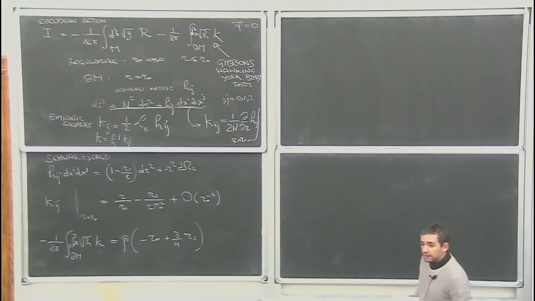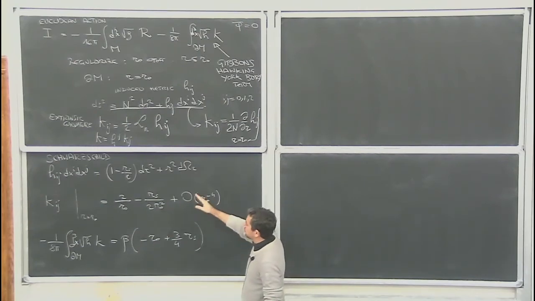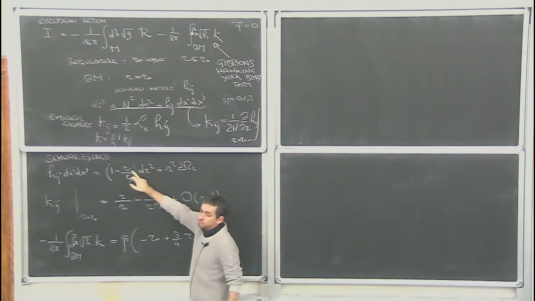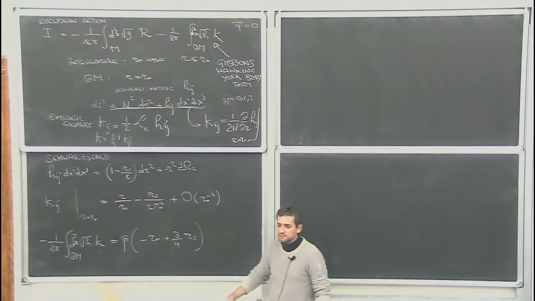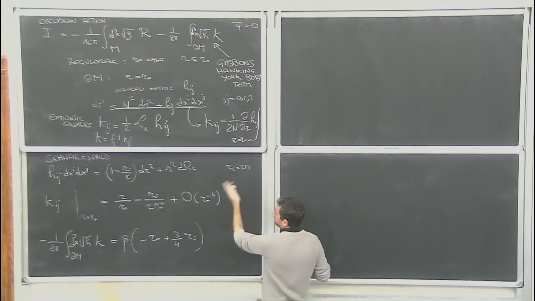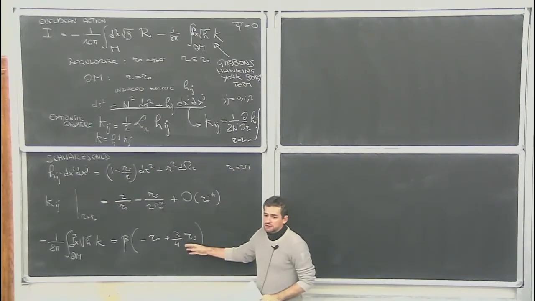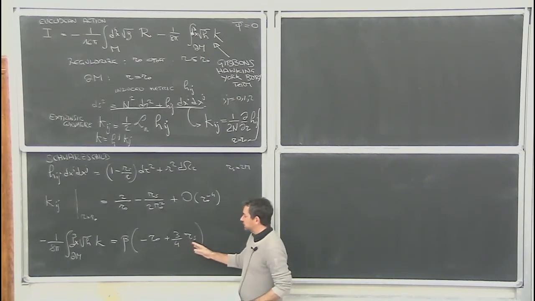Sorry, but R0 is the cutoff, and RS is, we are doing Schwarzschild, so I have this metric. RS is a parameter in the metric, it's the Schwarzschild radius. I decide myself what it is. It was RS equal to 2m, but it's a parameter. So RS is finite. R0 is the cutoff that is larger than RS.